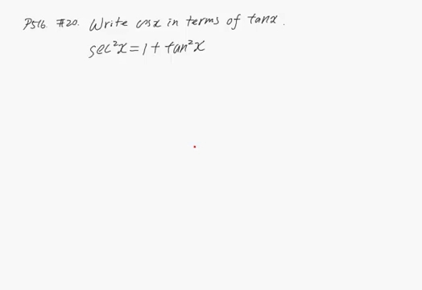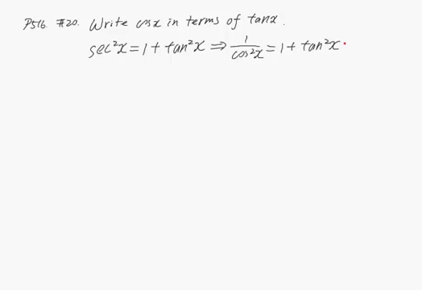And then we can use the reciprocal identity to write this secant square x as 1 over the cosine square x. So 1 over the cosine square x is equal to 1 plus tangent square x.